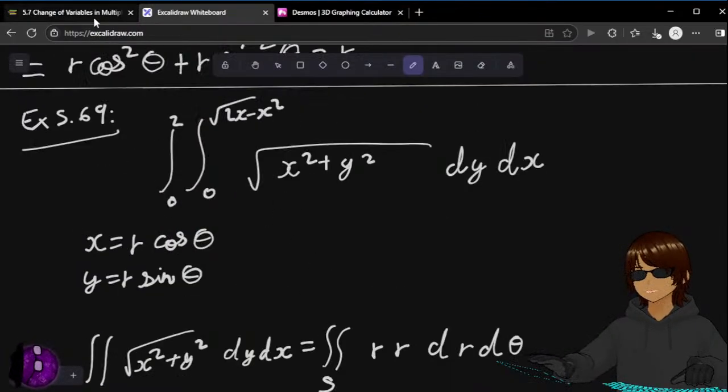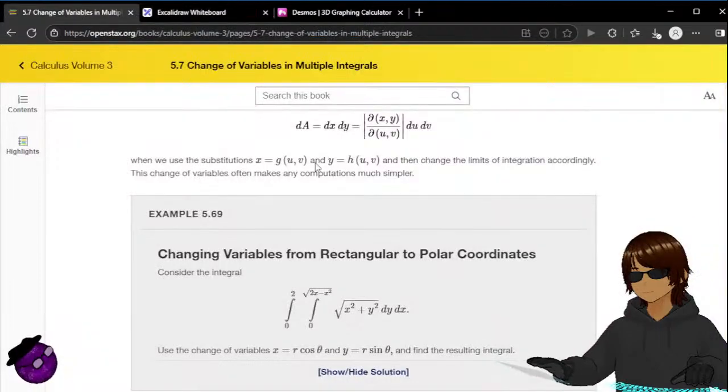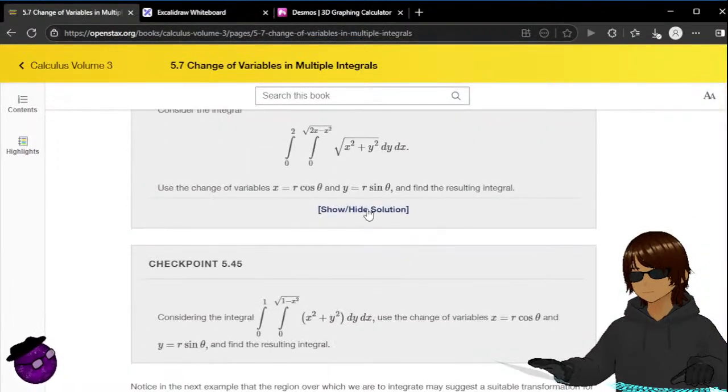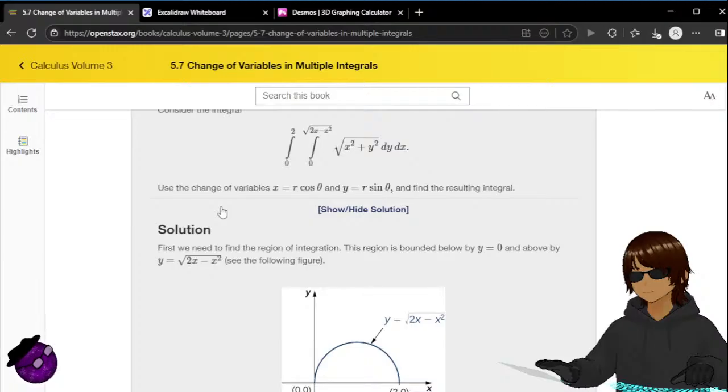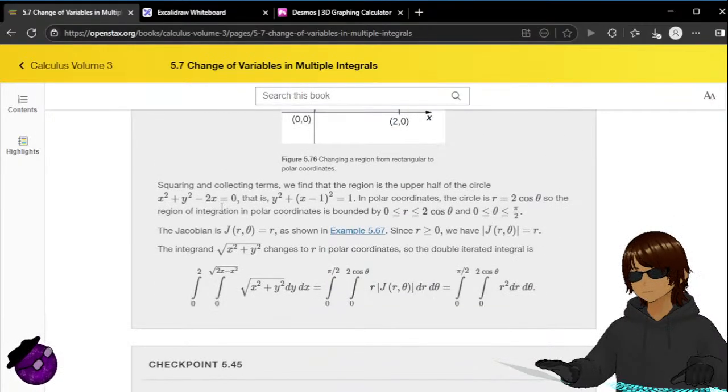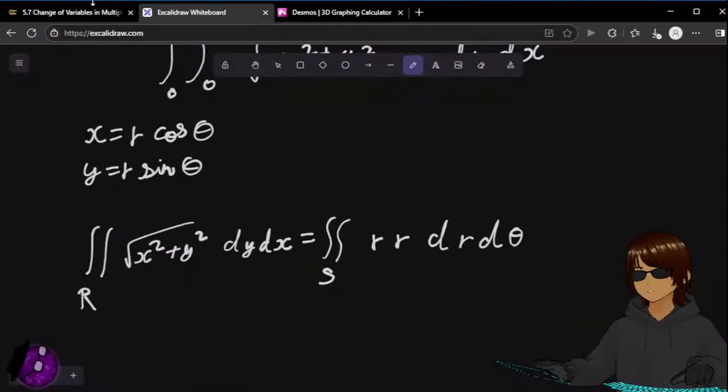But then what about the variables on top though? Okay, they got the r squared, that's right.